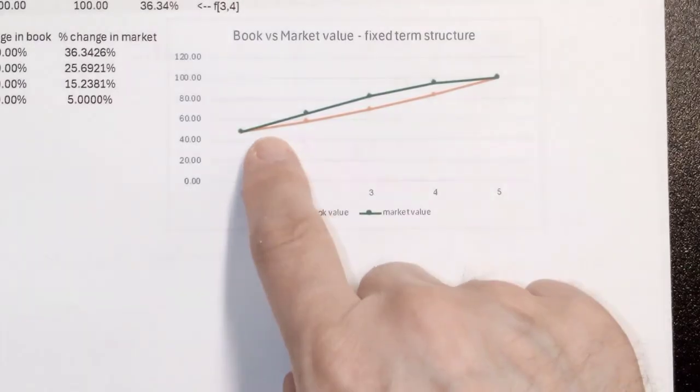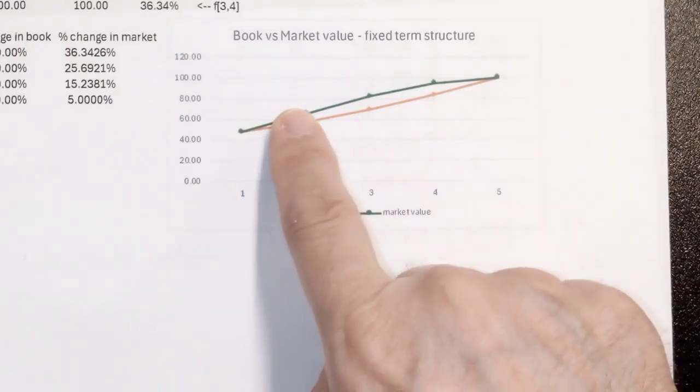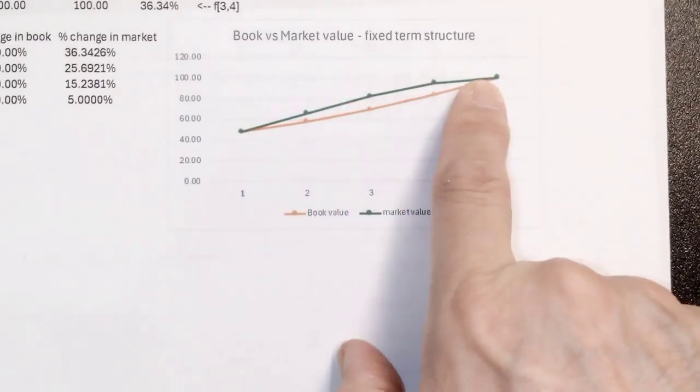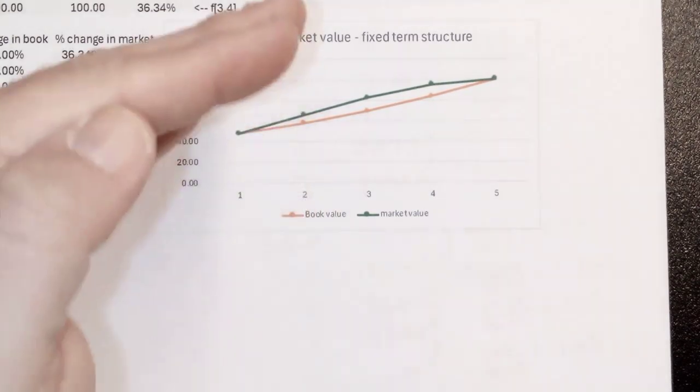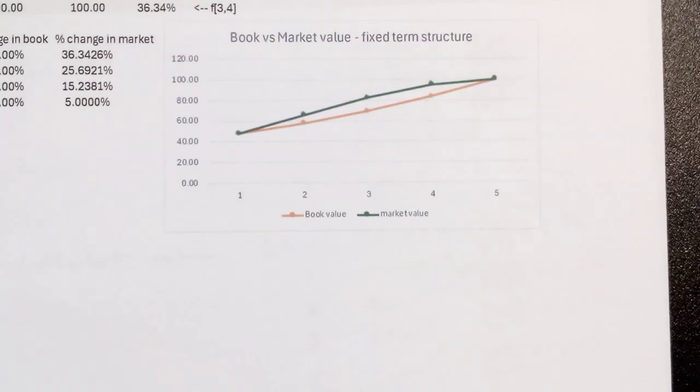That increase. But here's the market value. And it's a concave down curve here. It's slight, but it's bent. This is referred to as yield curve slide, the move away from book value that the market value undergoes.